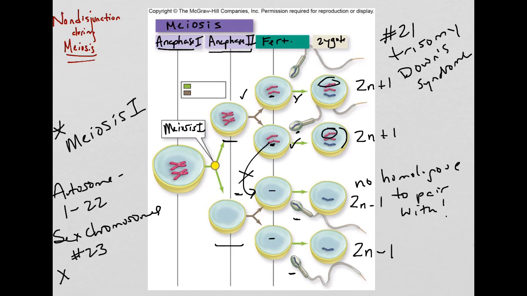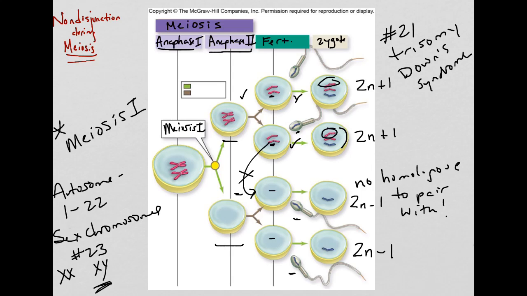But remember, females are XX and males are XY. So that pair is occasionally, 50% of the time, an unmatched set, being an XY. Either way, if there is a non-disjunction, we can end up with plus or minus a chromosome here.